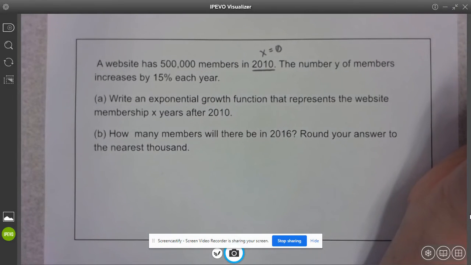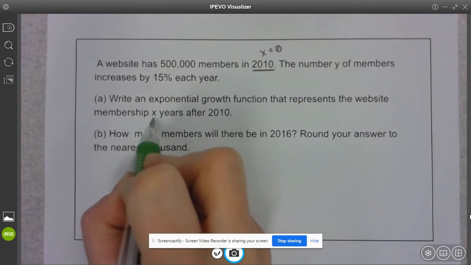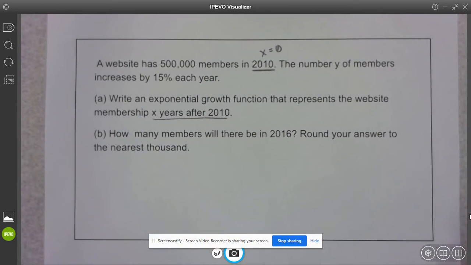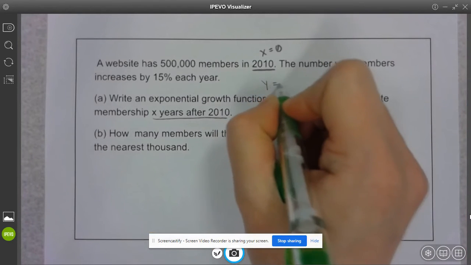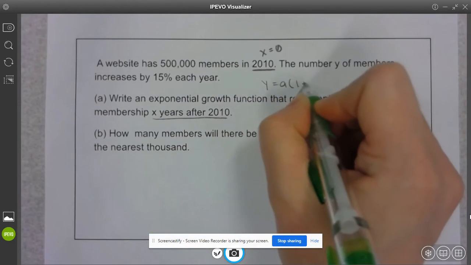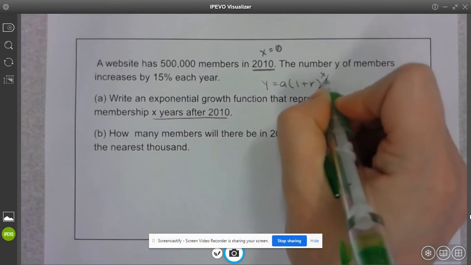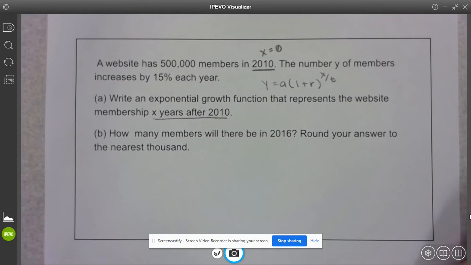So every X value we substitute in is how many years after 2010 has gone by. So since this is increasing by a percent, I'm going to use my increase formula.